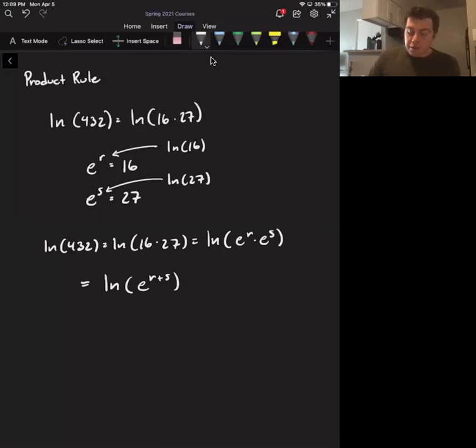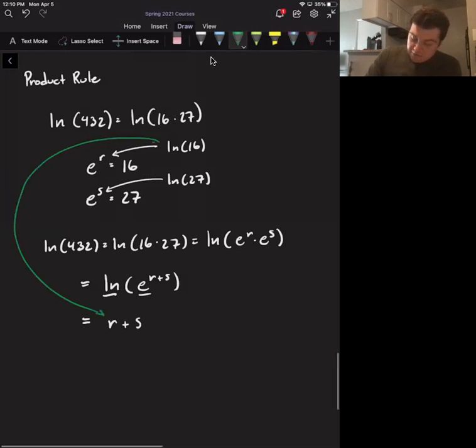Okay, so hopefully you noticed that we have an inverse rule type setup here. We have our natural log, we have our e. So our ln and our e will cancel out and leave us with just r plus s. And above, we had said that r is ln of 16, and that s is ln of 27.